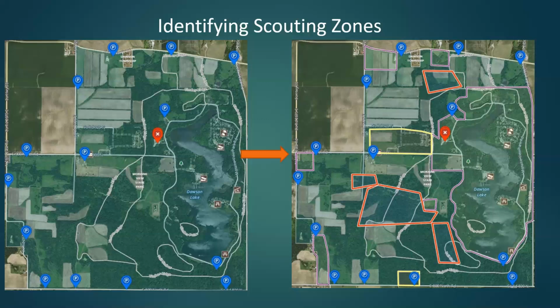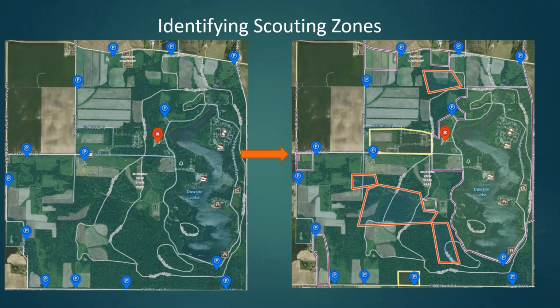So I tried to do lines from each parking lot that were about a quarter of a mile into the public land, so we're towards the middle. We know that a lot of people don't like to travel very far from the parking lot to hunt. So I used a quarter mile as my base, and I drew these polygons, basically just outlining where the quarter of a mile would be. So theoretically, you'd have these areas to yourself, or at least you try to find an area that has a lot less hunting pressure inside the public land.